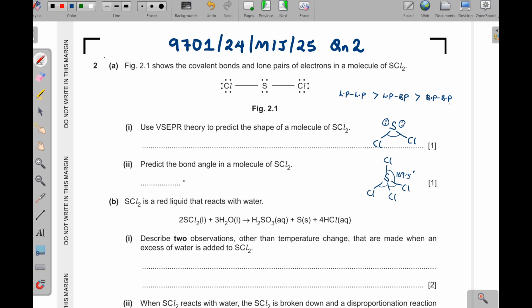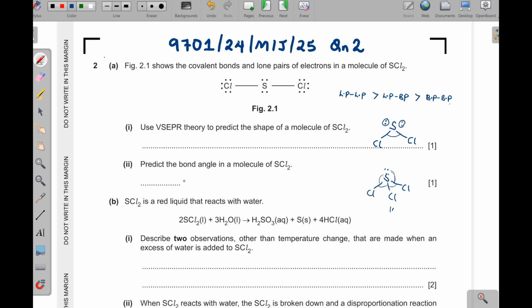Then we are also going to have the next one. I remove this bond pair, and then I put a lone pair. So when I put a lone pair here, and remember, lone pair bond pair repulsion is greater than bond pair repulsion, this is going to put another stress onto these bonds.